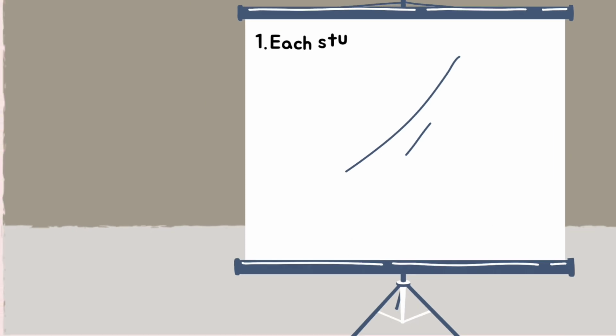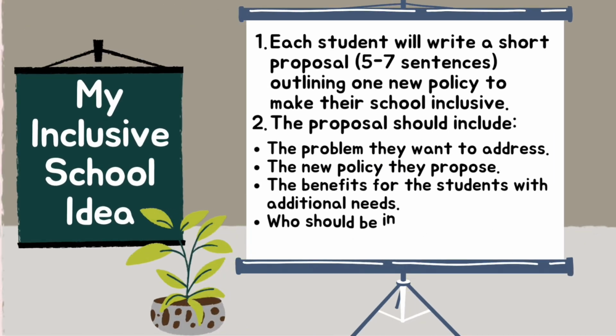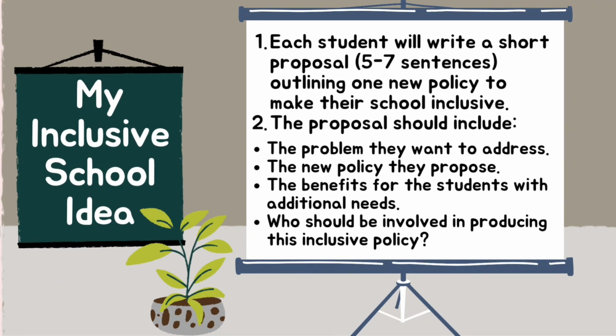Now that I have already discussed the first two steps, I bet you are now ready for another activity. This activity is called My Inclusive School Idea. Listen for the instructions. You will write a short proposal with 5 to 7 sentences outlining one new policy to make your school inclusive.